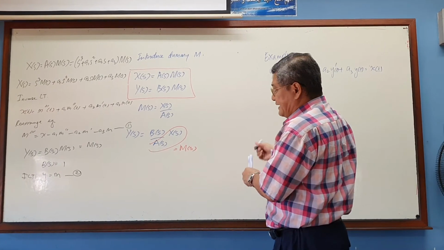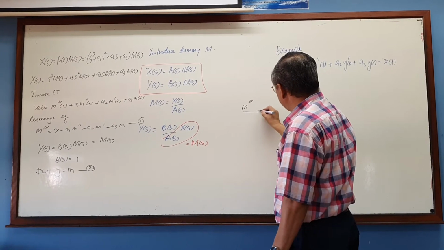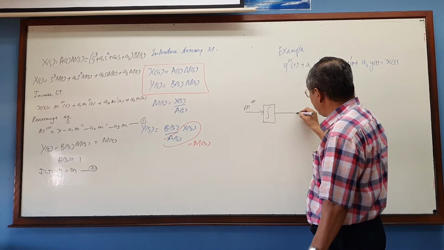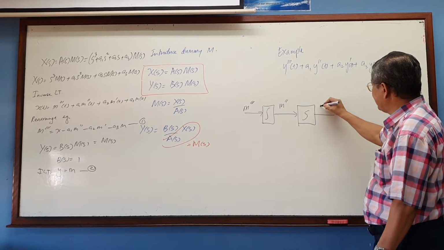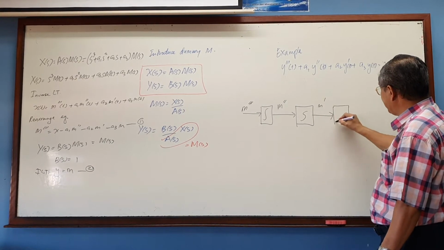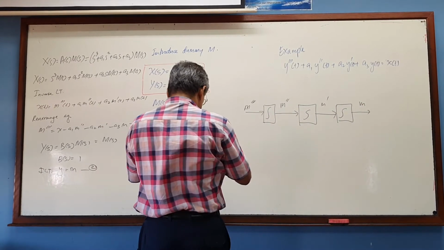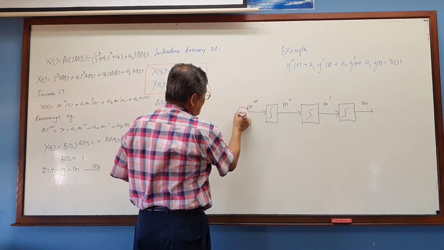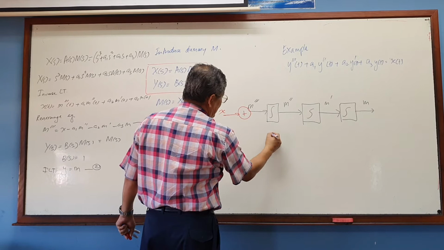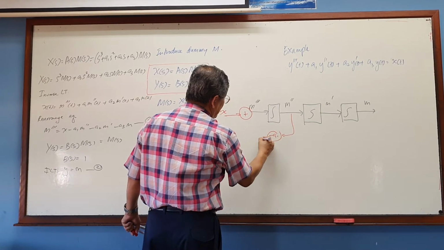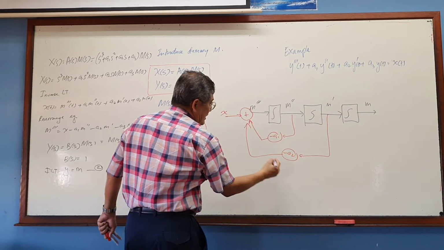You observe that we have m triple prime, integrate, m double prime, integrate, m prime, integrate, m, and this one is given by the equation: x minus a1, minus a2, minus a3.